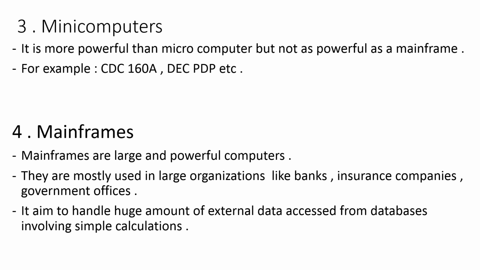To maintain that data and access that data anytime, these organizations use computers like mainframes. If you ever go to a bank, ask them about the mainframe computer, because in banks, insurance companies and government offices, mainframe computers are largely used.